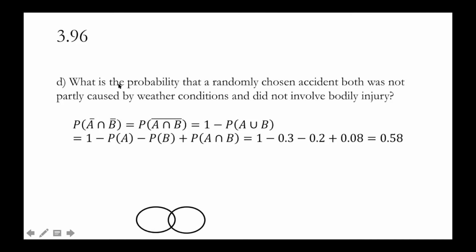So here we want to calculate the complement. So everything that wasn't partly caused by weather conditions and did not involve bodily injury. To calculate the complement, you take 100%, 1 minus the union of these two events.